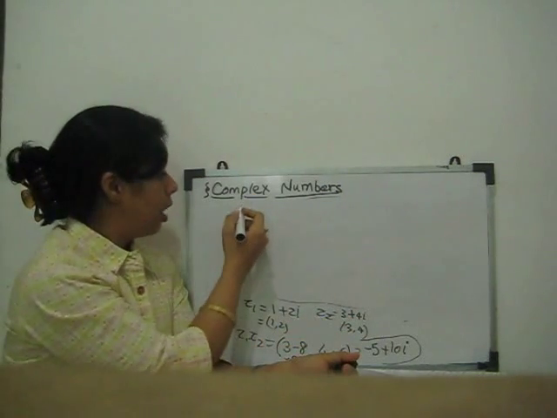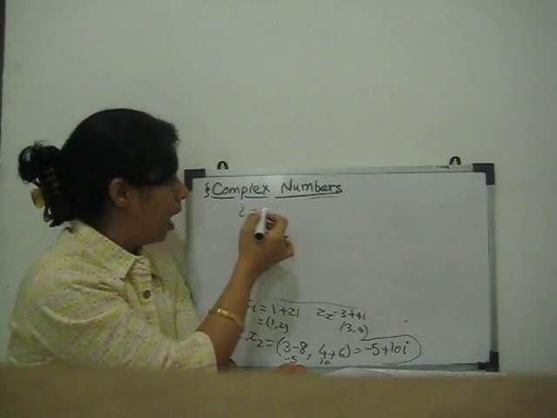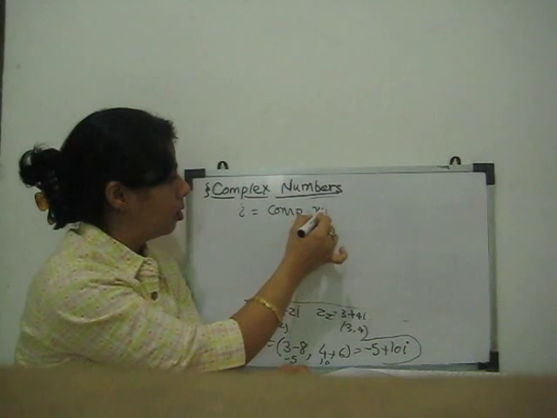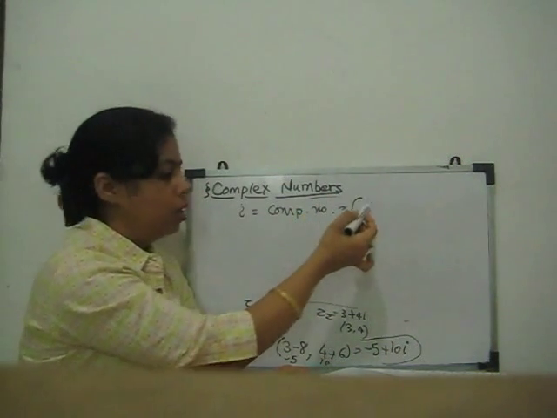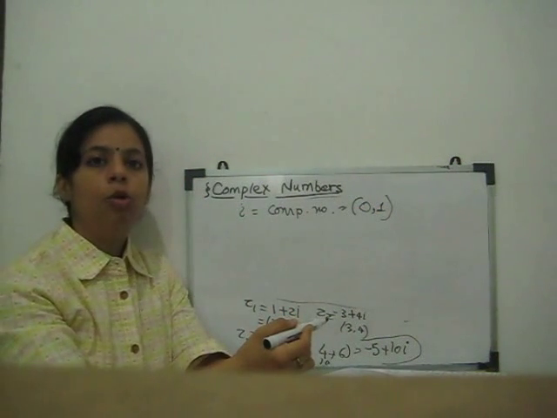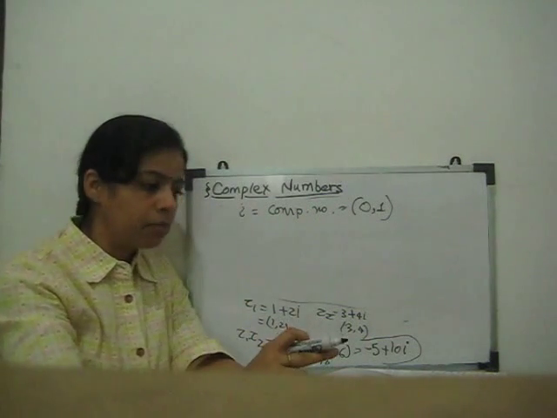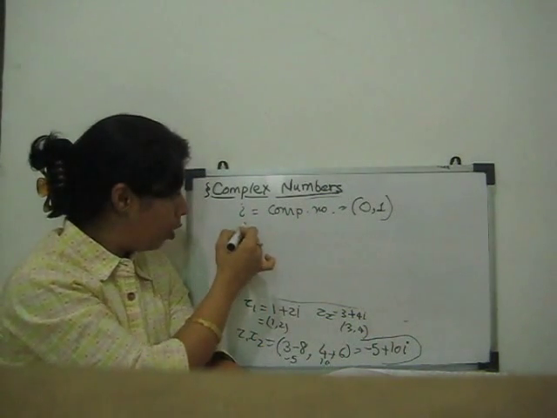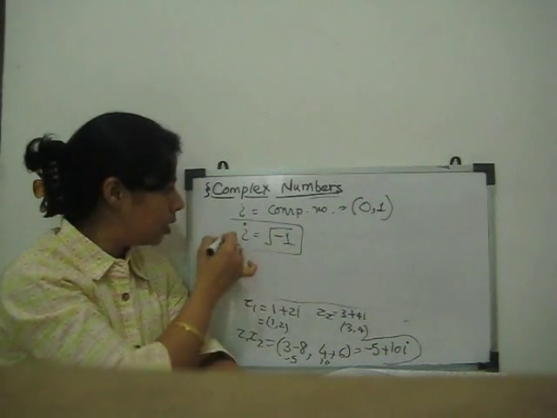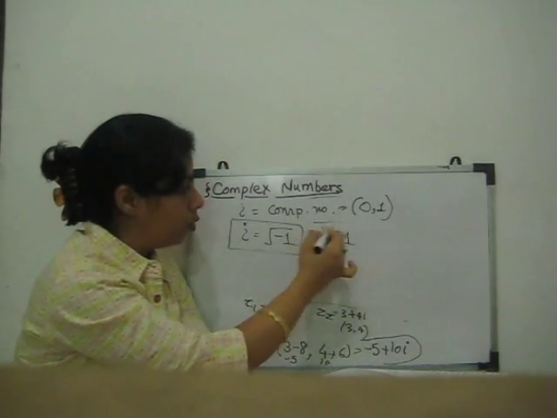Basically, iota is a complex number given by (0, 1). So iota is a complex number given by (0, 1), and the value of this iota is the square root of minus 1. You should always remember this thing. Then the value of iota square is equal to minus 1.